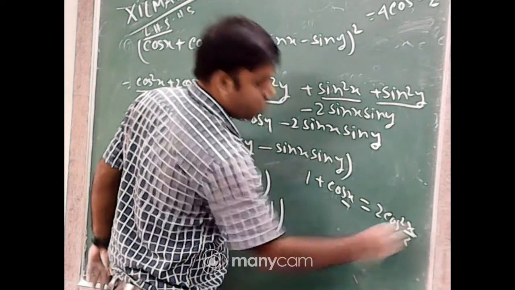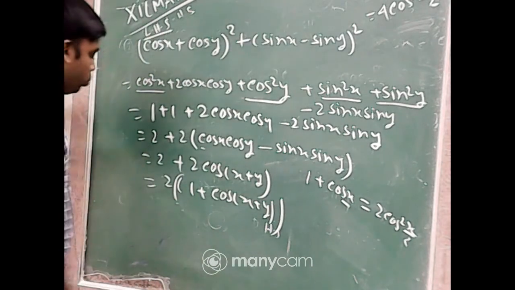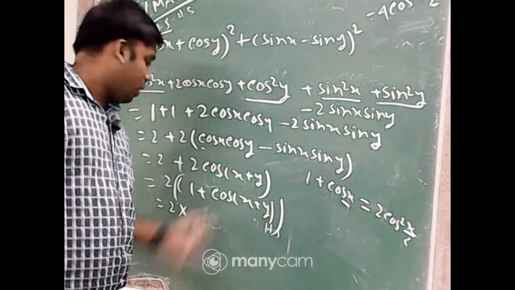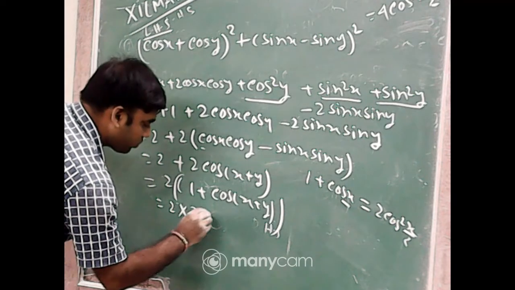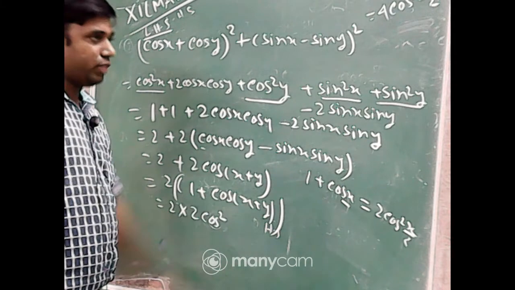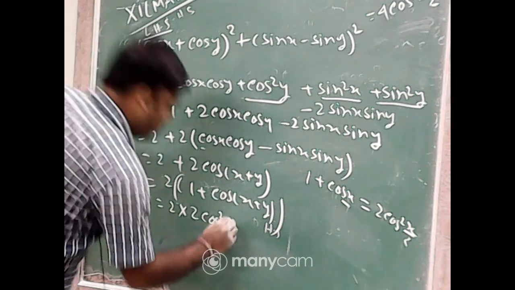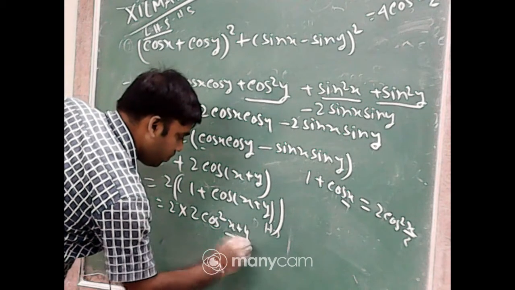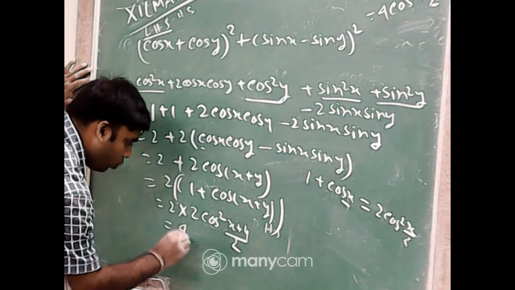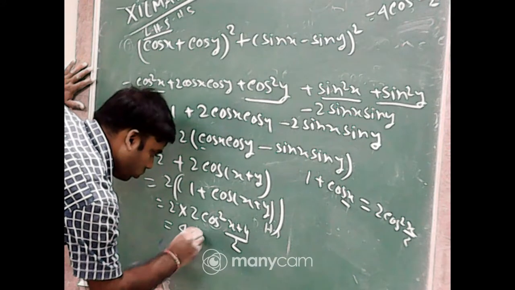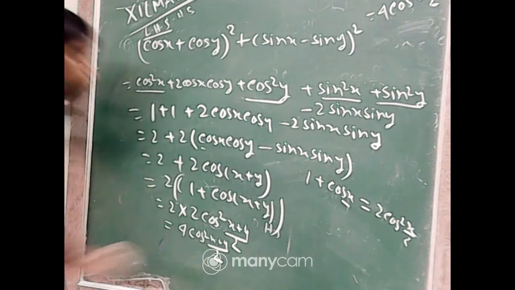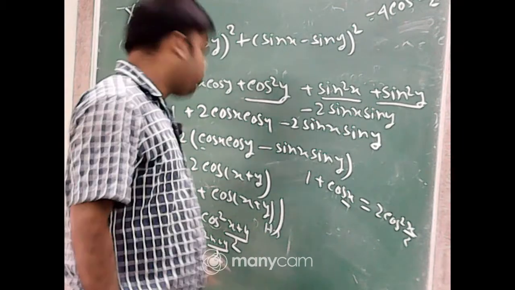Here it is x plus y, so 2 cos square of x plus y by 2, so that is 4 cos square of x plus y by 2, which is our right hand side.